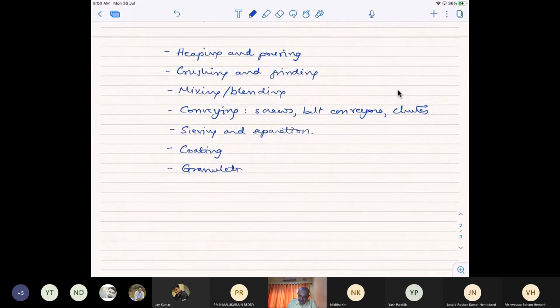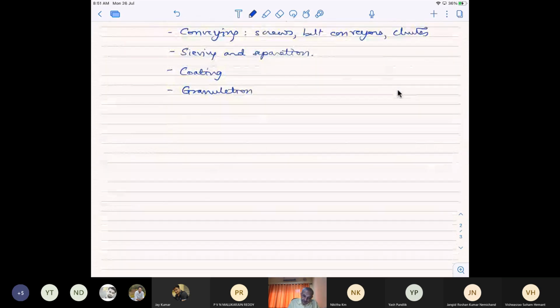Granulation is what is done to make, you put in some liquid or something which will make particles come together and agglomerate into larger particles. So these are just some of the examples that are there.